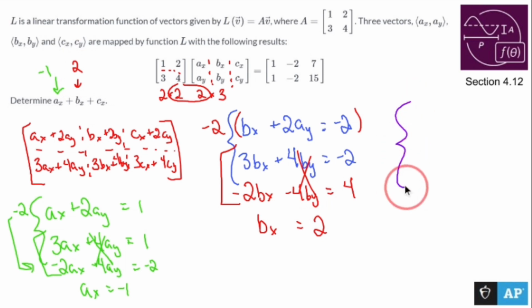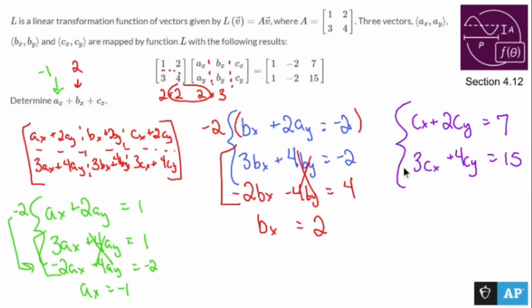One more system of equations. What a terrible problem. c sub x plus 2, I already did the 2, c sub y is going to equal 7. And then 3c sub x plus 4c sub y is going to equal 15.